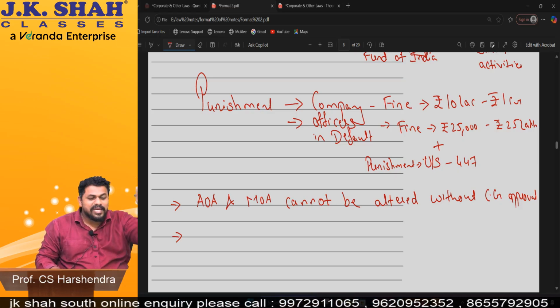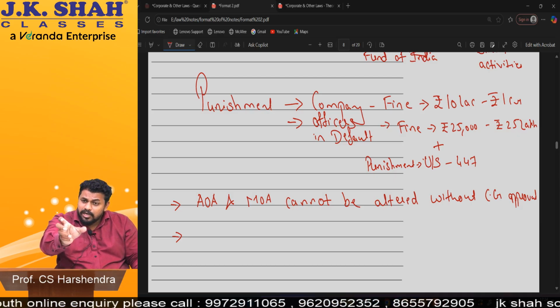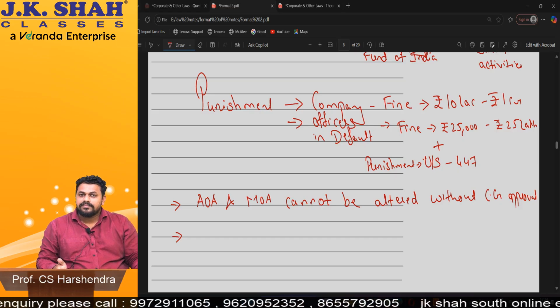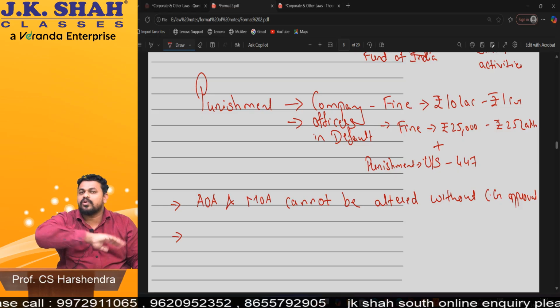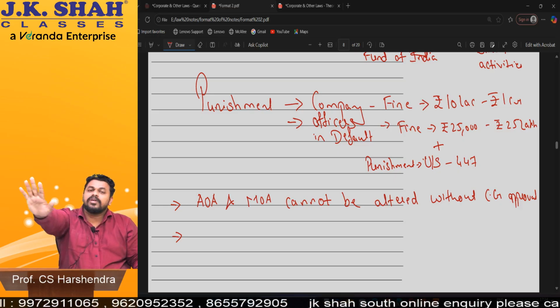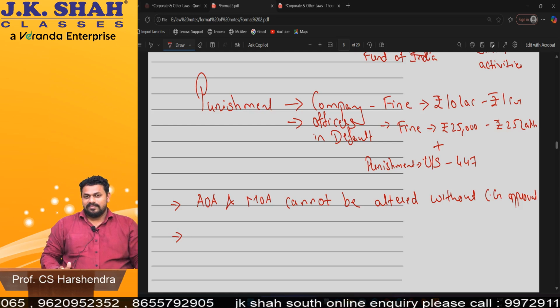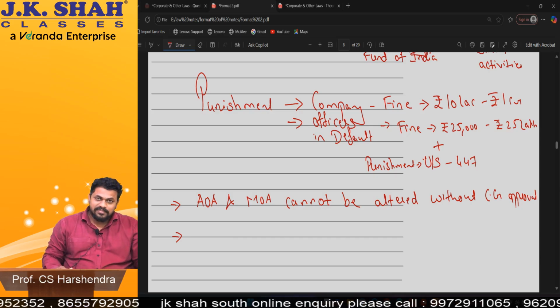It doesn't have separate legal identity. And if it is not a person, can you make a non-person a member? No. Yes or no? Okay. So if the person doesn't exist in the eyes of law, can you make him a member? No. And that is the reason partnership firm cannot be a member in any company except in Section 8 company. Sir, why, sir? I'll tell you.